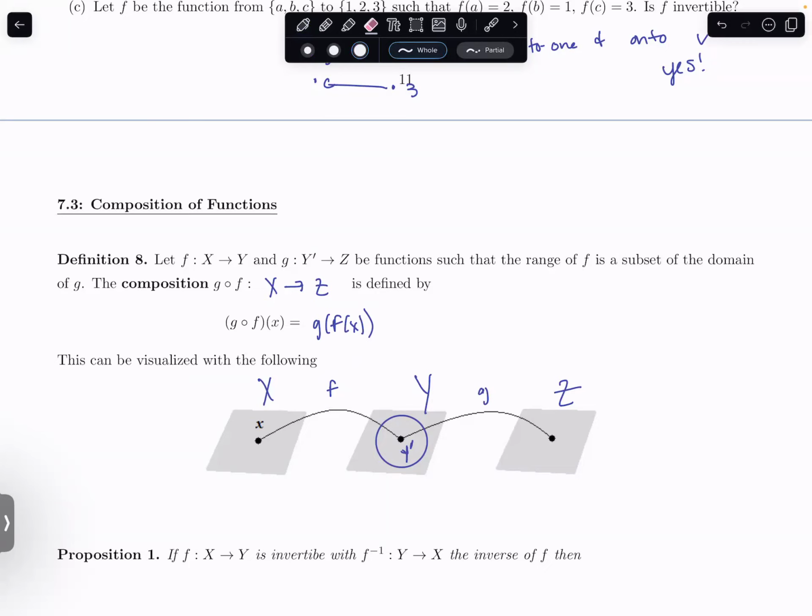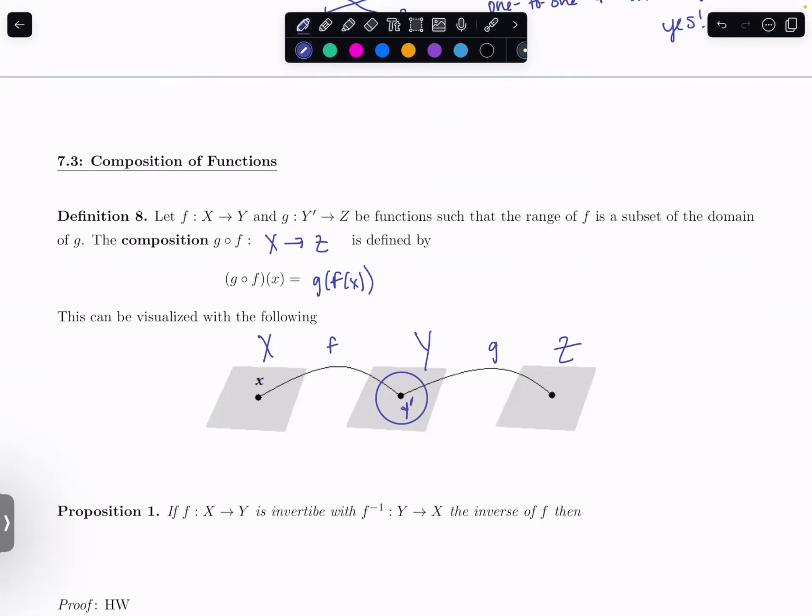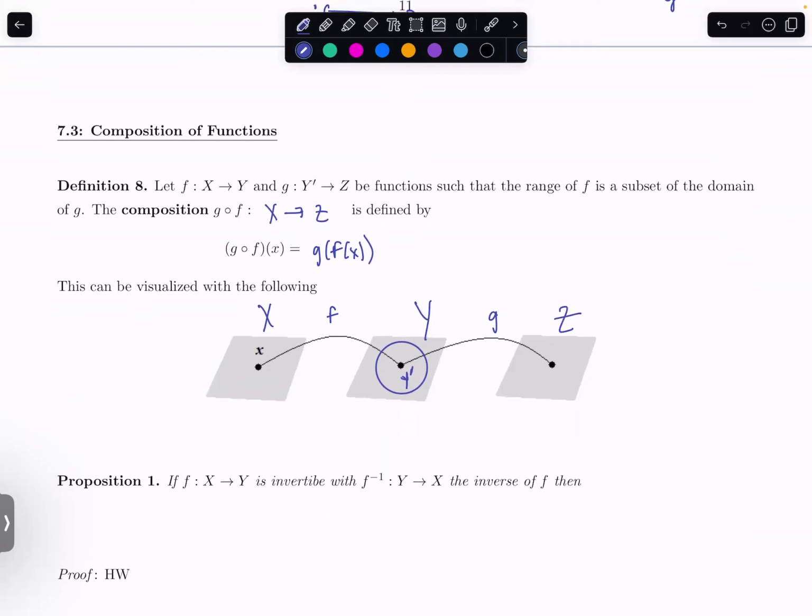So f happens and then g happens, and you end up moving from your original set X to the final codomain Z. If you're tracking a point, X is there, f of X is right there, and then this is g of f of X.